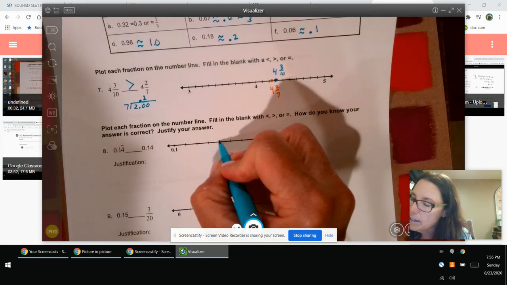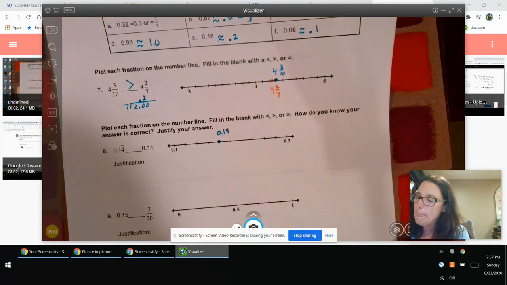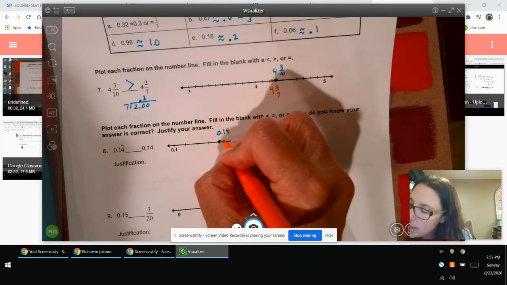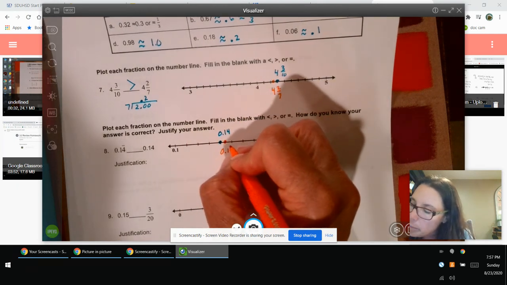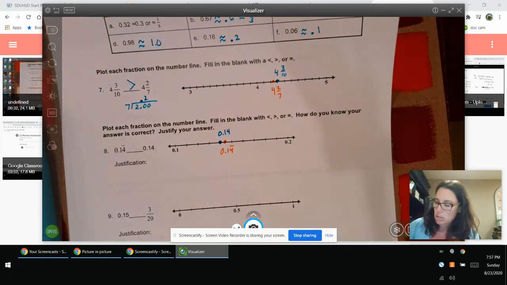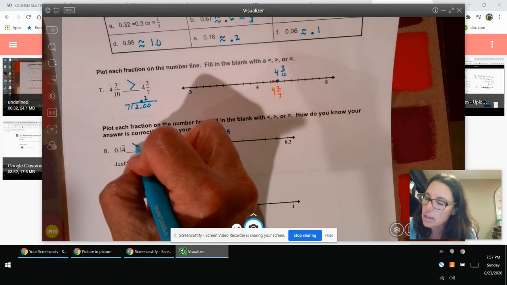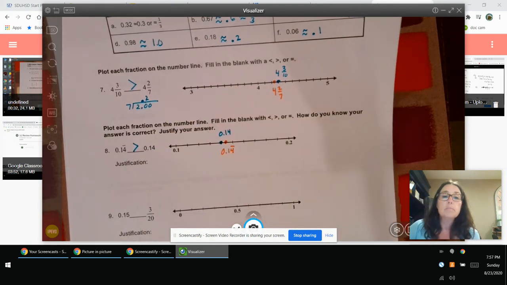This guy right here is going to be the 0.14. And then just a hair past is 0.14 repeating bar. Okay, so we need to make that one be the larger one. Okay, and I'm going to simply revert back.